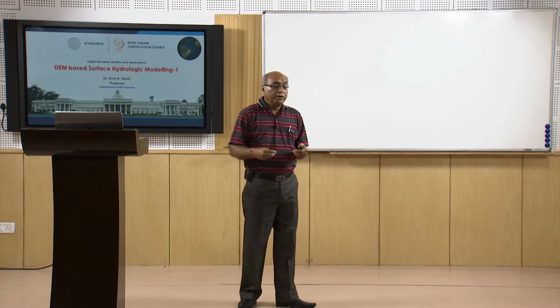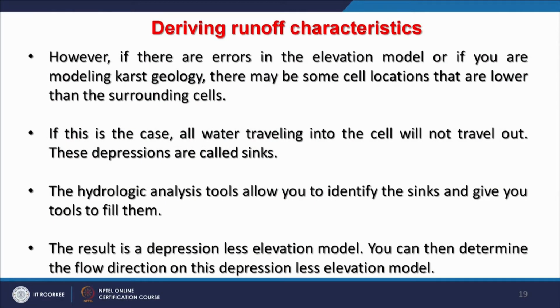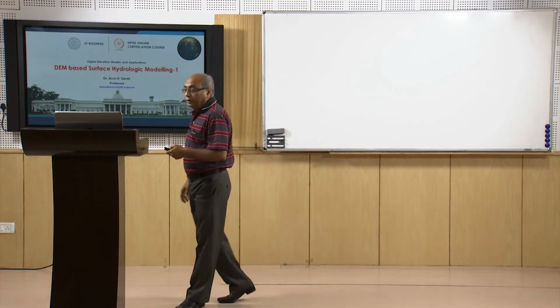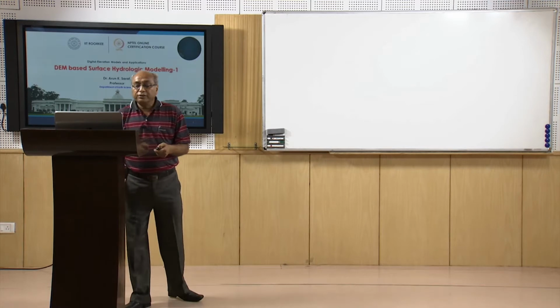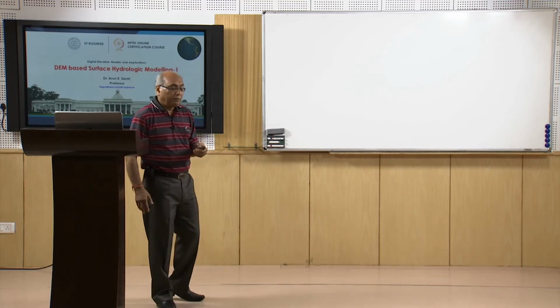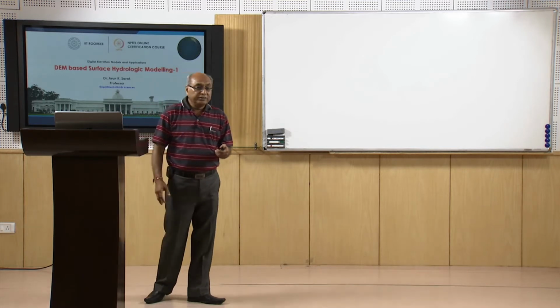When we remove the depressions and have a depressionless elevation model, then we can later derive the flow direction, flow accumulation, and so on. While delineating watershed boundaries, first pour points need to be identified, that we have already discussed. These locations are mouths of streams or other hydrologic points of interest, such as gauging stations.